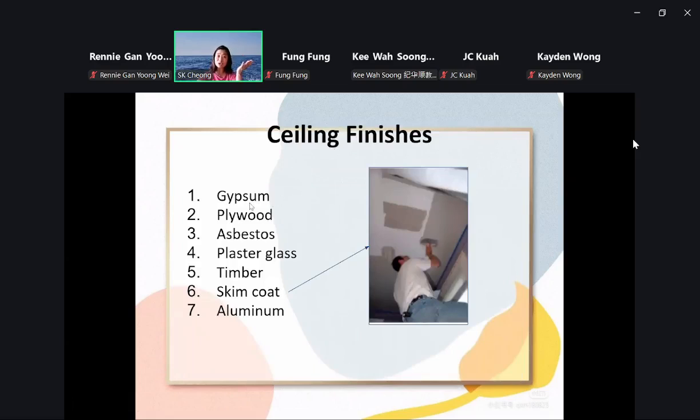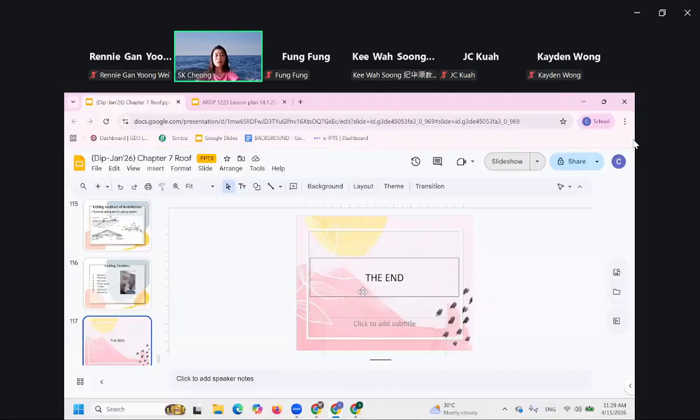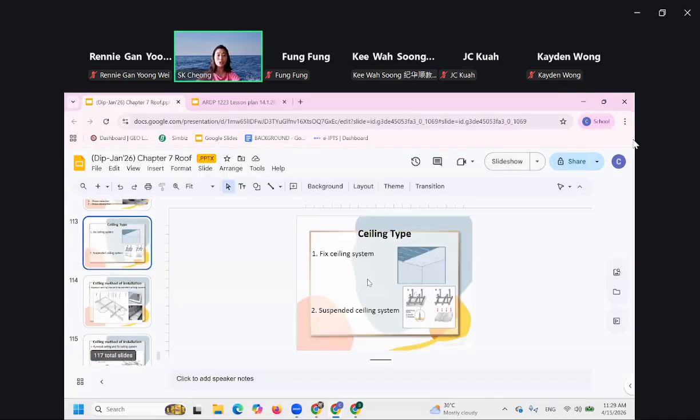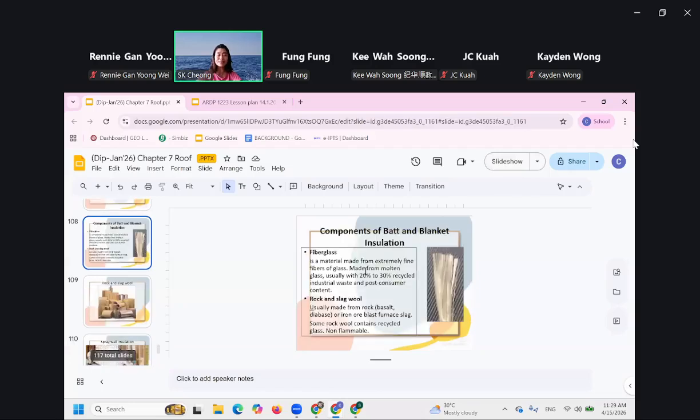For ceiling finishes will be gypsum, plywood, timbers, skin coating, and aluminium, etc. That's the end of chapter 7, the last chapter, roof, comprising roof structure and a portion of ceiling and ceiling finishes.